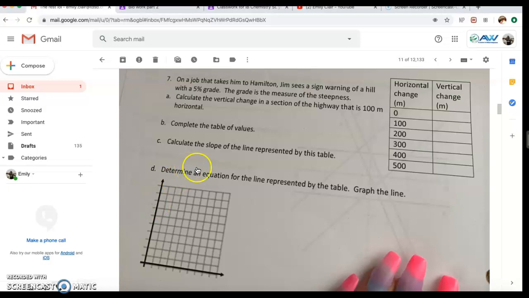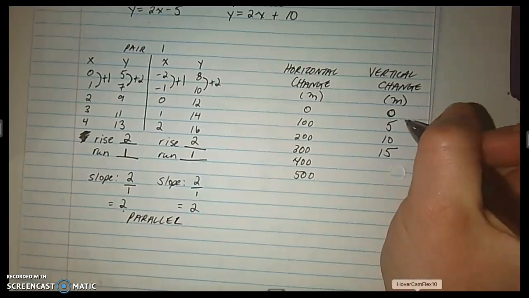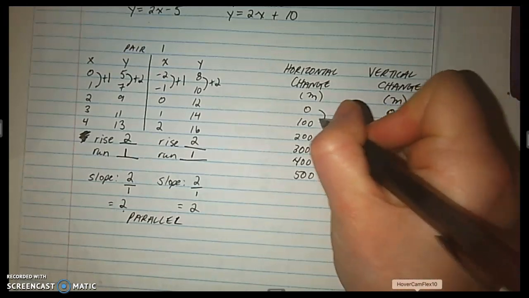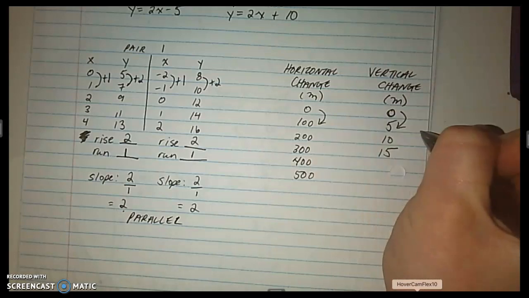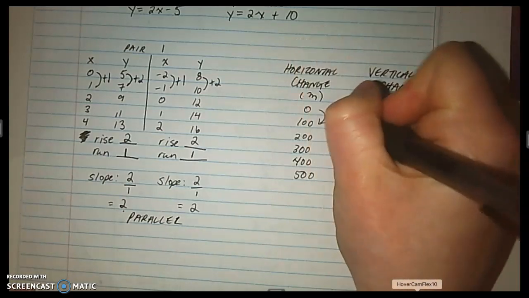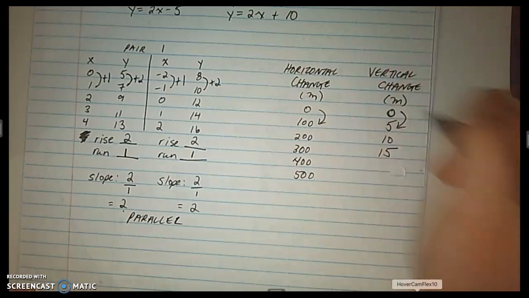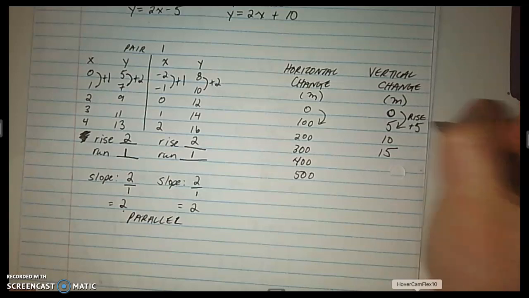Okay, so then the next thing it says is calculate the slope. And remembering, just like our last example, to figure out a slope, we really don't need that much information. We can look just at the rise and run between any two rows of our table. The vertical change is my rise, and I went up 5.